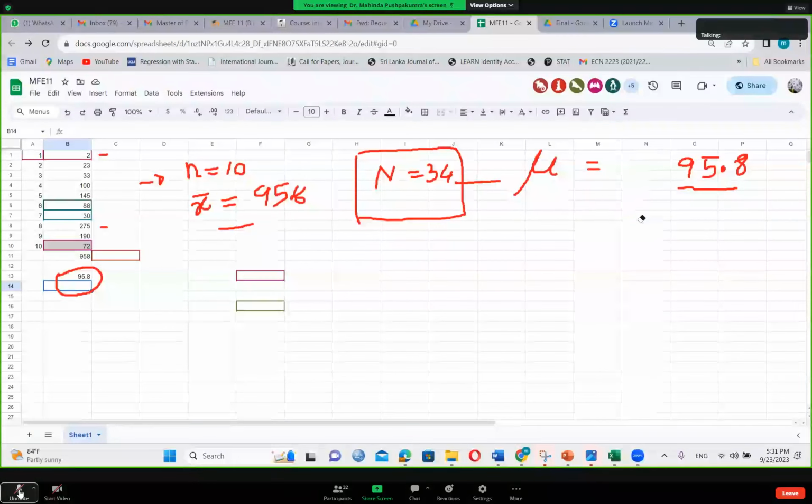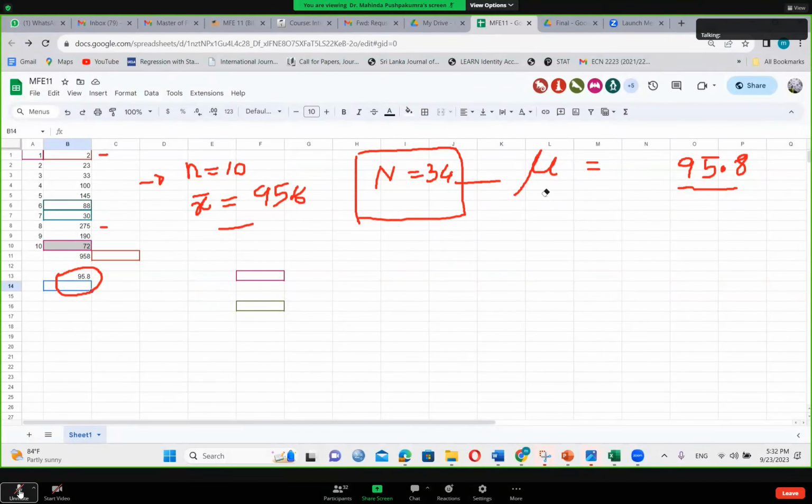My simple question is, as you conclude, if I say that sample mean is 95.8, population mean is also 95.8. Do you agree with my statement? Let me repeat it.